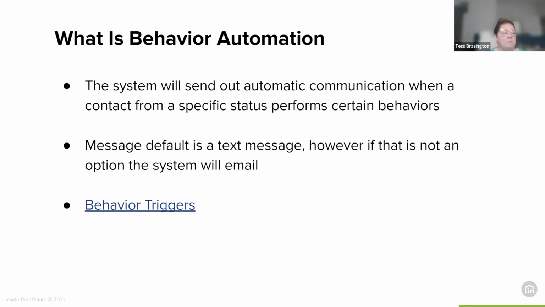So it's going to make sure everyone's getting that message out to them. Certain leads, if they perform certain behaviors, certain activities, are going to get reached out automatically. And this is going to happen quickly so that you can really be on top of this activity and this opportunity. Something else that I'm going to show you guys is you will get alerted as well. And that's your choice. You can turn on that alert or not.